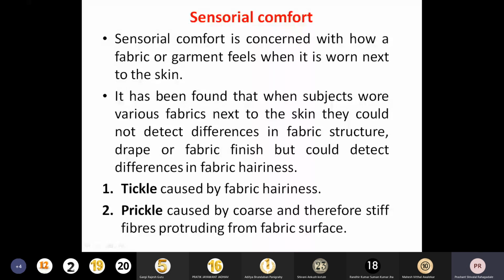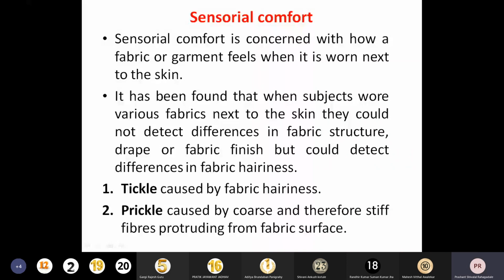So what we are saying, the skin is not in a position to detect the difference in fabric structure or drape or fabric finish. This difference we cannot detect. But our skin can detect the difference in fabric hairiness.